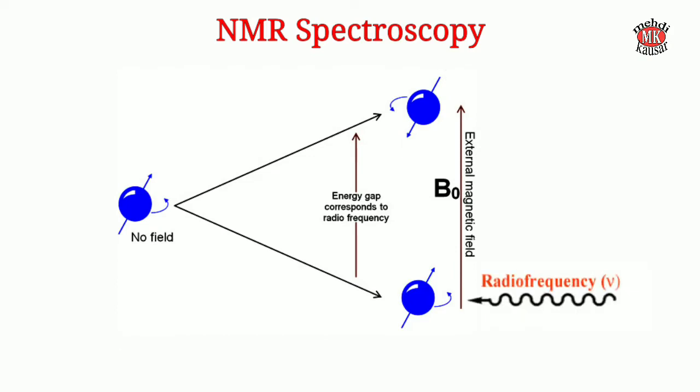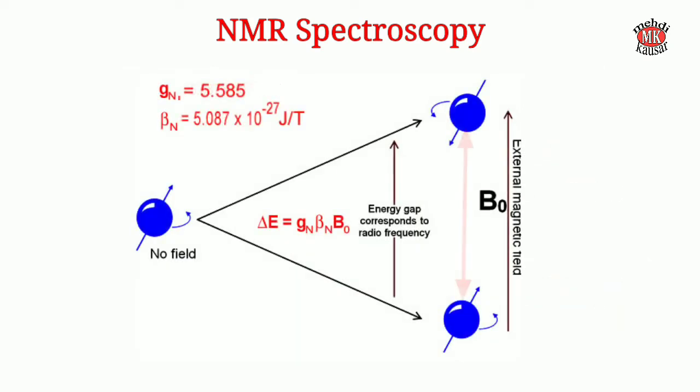The radio frequency radiation absorbed by the nucleus is then plotted against the magnetic field strength to record the NMR spectrum. From the NMR spectra thus generated, we get various information about the molecule.